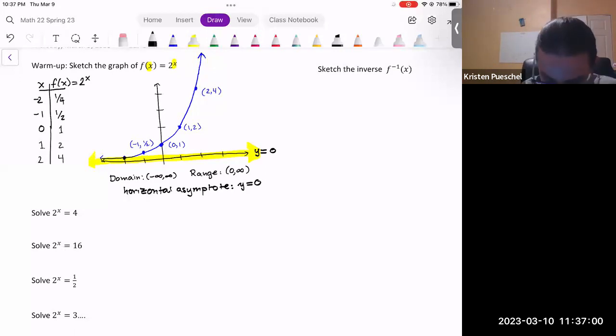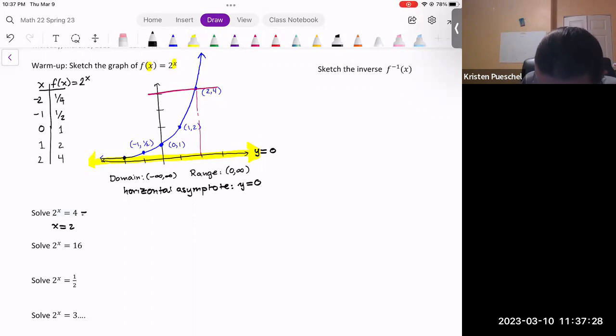So for example, here, if we wanted to solve 2 to the x equals 4, so 2 to the what gives us 4, well, we can look here where our y value is equal to 4. And looking down on our graph, we see that this happens where x equals 2. So we have this point (2, 4) on our graph.